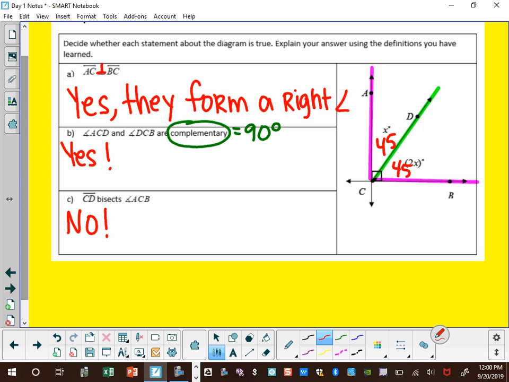The reason is because both angles are not 45 degrees.